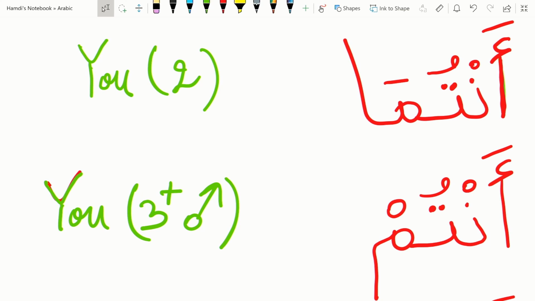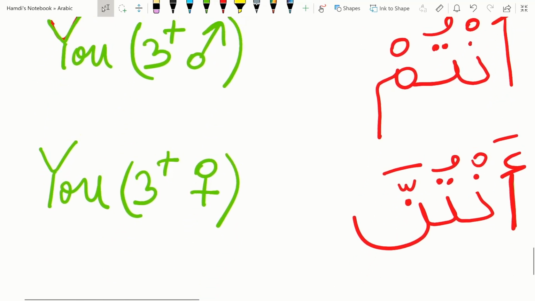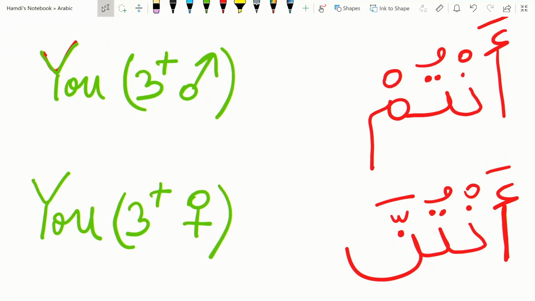If I wanted to be very precise, I should have given you أنتما for 2 males and أنتما for 2 females, because it's not the same in conjugation. But let us keep that for unit number 2 when we study the conjugation. For now, let us keep it simple. أنتم, it's you, 3 plus 1 male at least. أنتن, it is you, 3 plus, exclusively female.